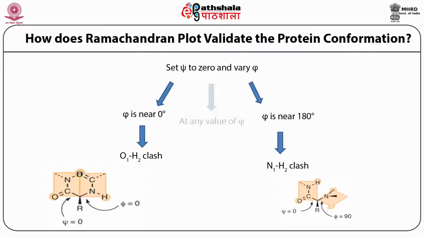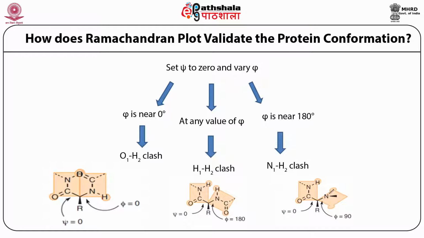In the middle, at any value of phi with psi as 0, as you go on changing phi, we can expect this kind of HH clash. So all these clashes occur when phi is near 0 and near 180, and there are some values in between also found with clashes.